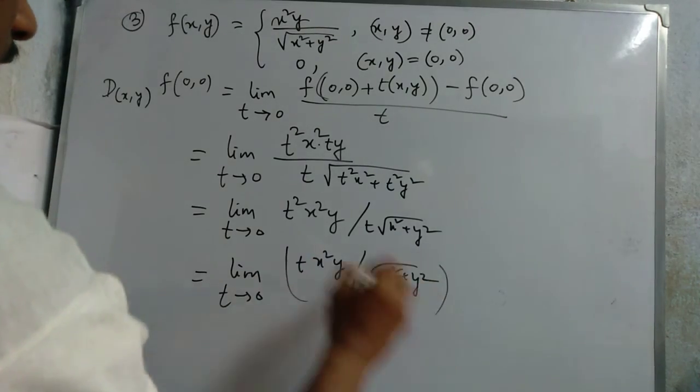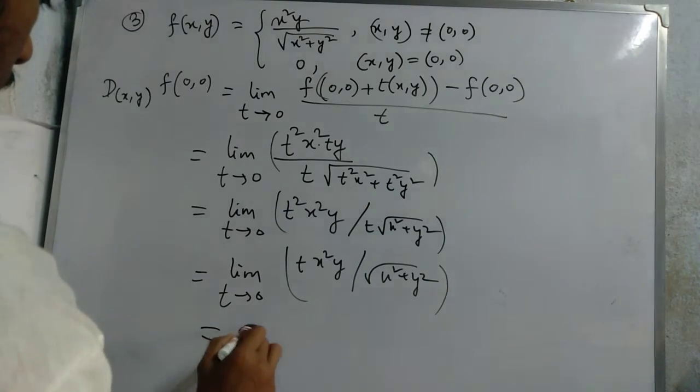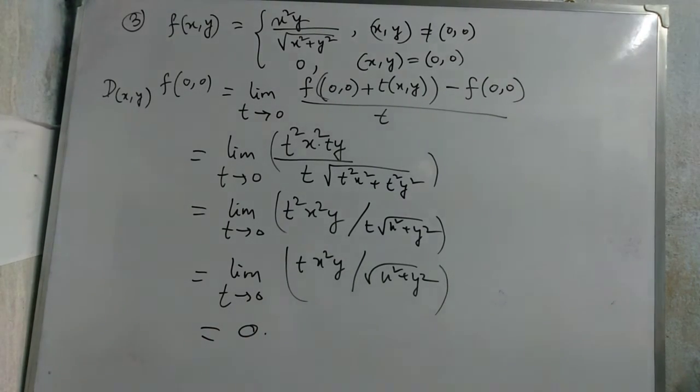Then this is equal to 0, because in our problem t is given. So the directional derivative exists in any direction at the point (0, 0).